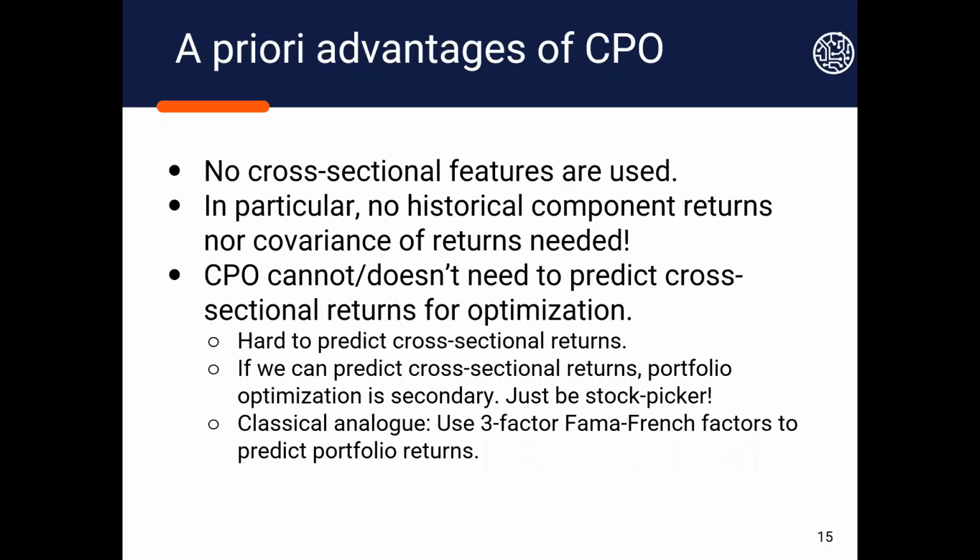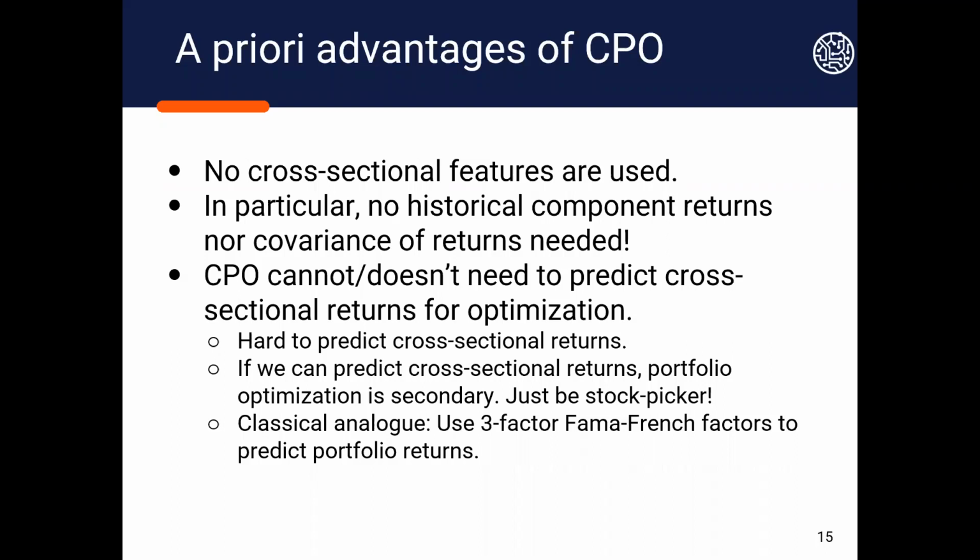You hardly need to be so indirect and use that for portfolio optimization, because your whole portfolio construction can be based on this kind of cross-sectional return prediction. But the problem is cross-sectional return predictions are very hard. And so we are avoiding it completely.